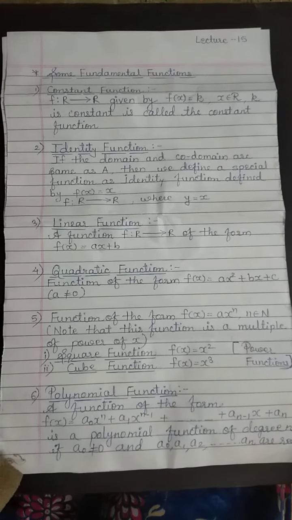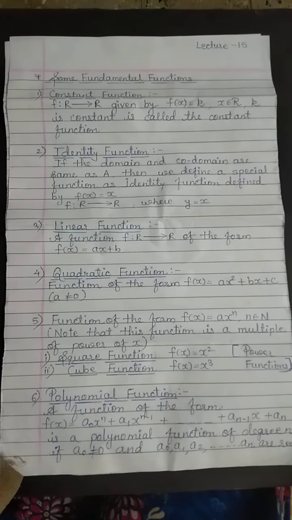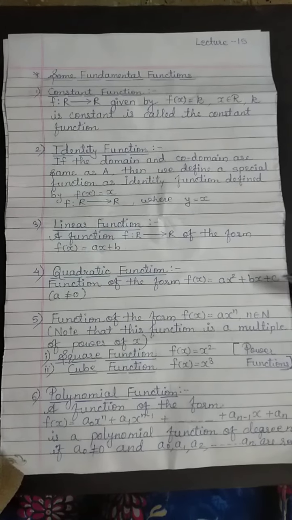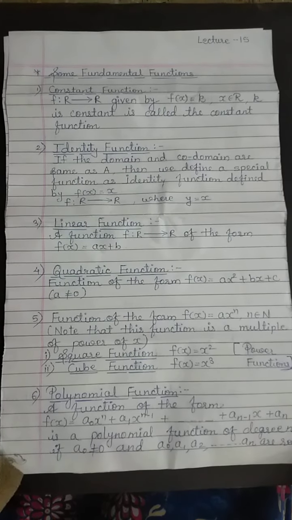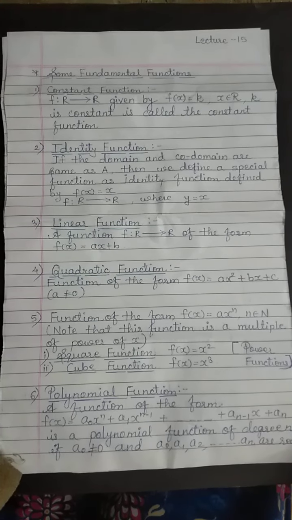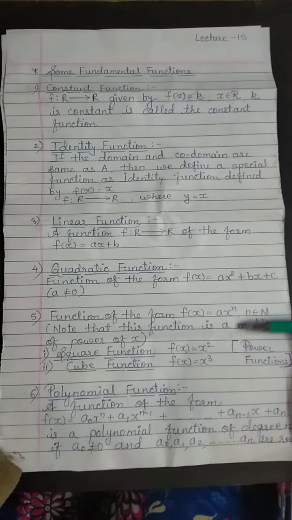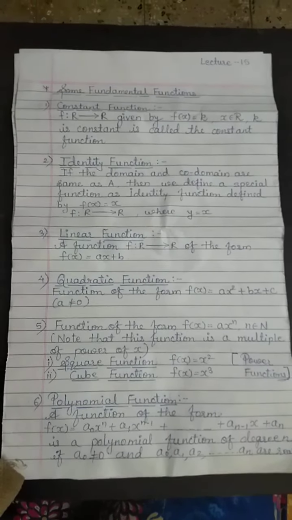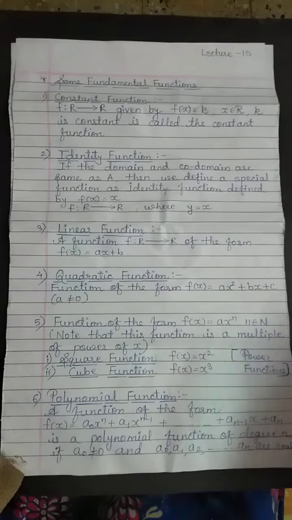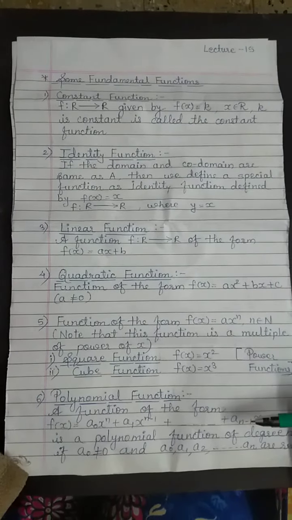If we consider the power of x as 3, then function is called as the cube function. So this type of functions are included in this type, and therefore this is also called as power functions. And if we plot the points by finding the values of x and y, then the graph will be a parabola like structure.